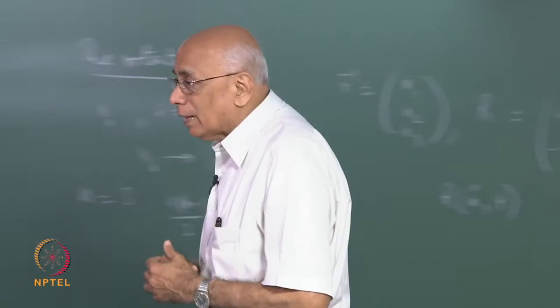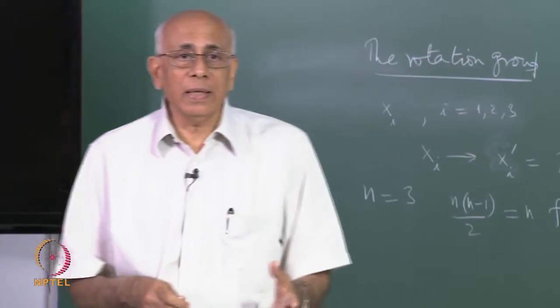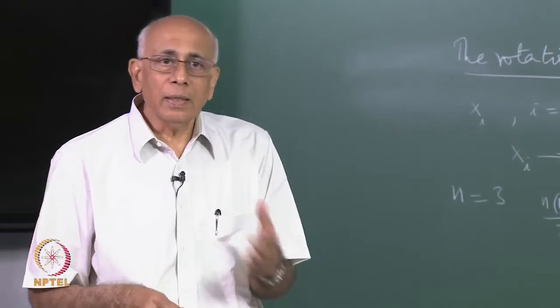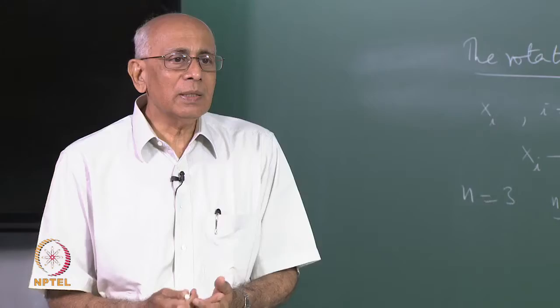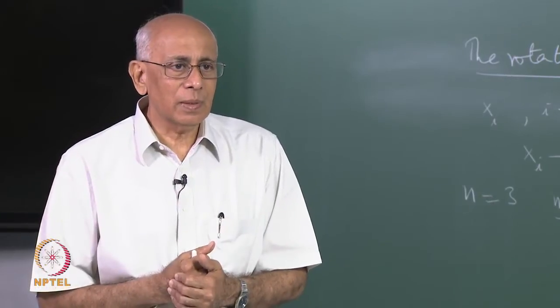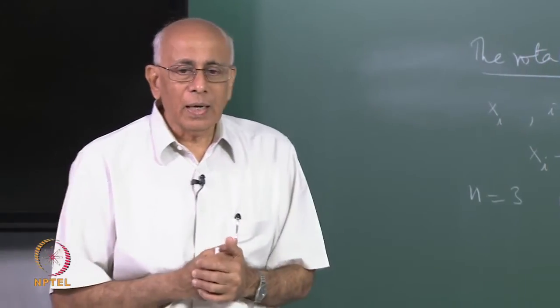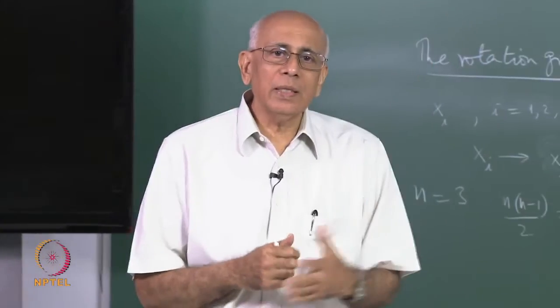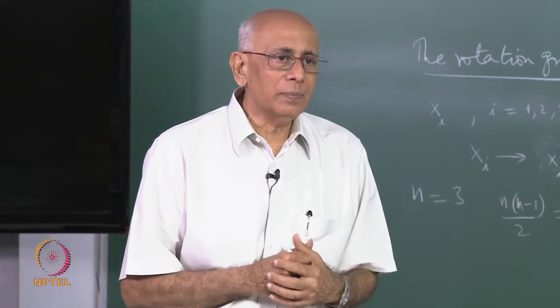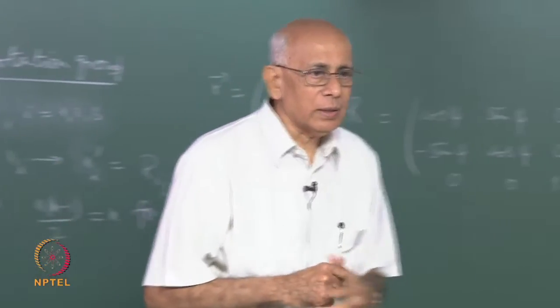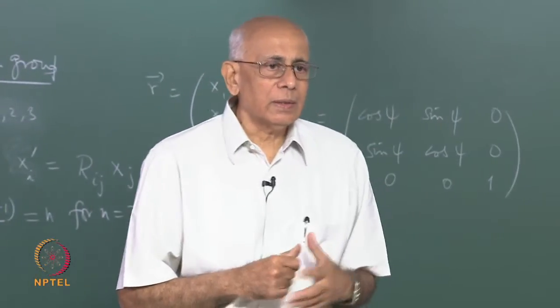So the question of whether I can always associate an axis with a rotation is a tricky one. It is clear that in even dimensional spaces this need not be the case at all. In 2 dimensions there is no third axis at all, so you cannot associate an axis with this rotation about the origin, and in 4 dimensions you have 2 extra axes which may not be touched by the rotation at all.